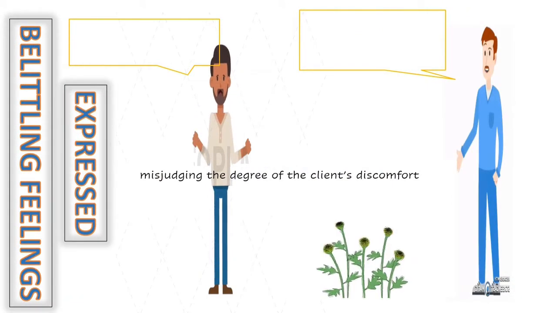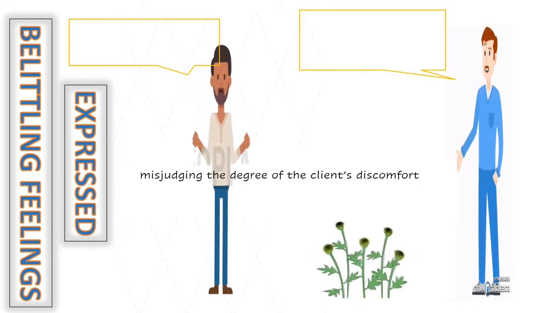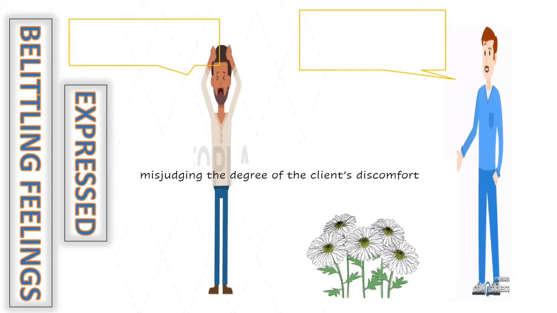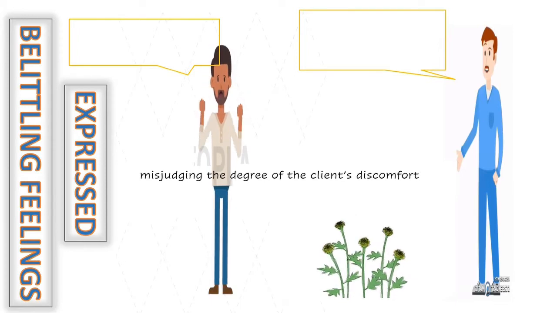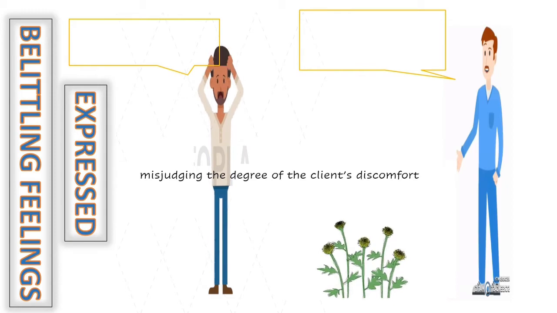Belittling feelings expressed. This is a non-therapeutic communication technique that can be uttered by a nurse. In this situation, the patient has intense and overwhelming feelings, and the patient is trying to express that to everyone.